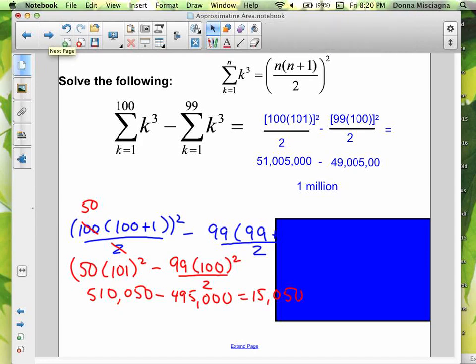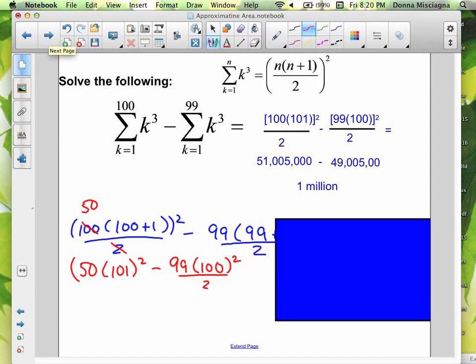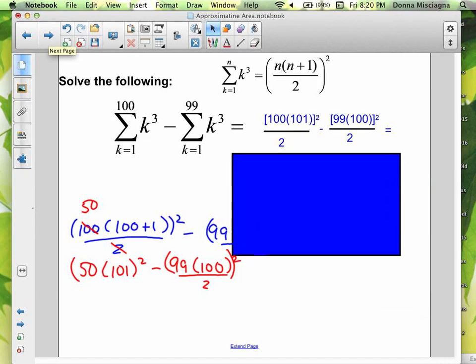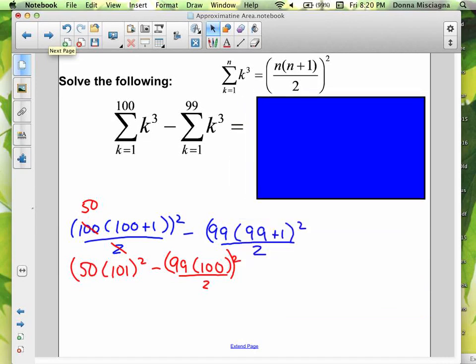So if you forget to put your parentheses in the right spot, and on the second one, I forgot to put it in the right spot altogether. I told you I was tired. So we had to square first.